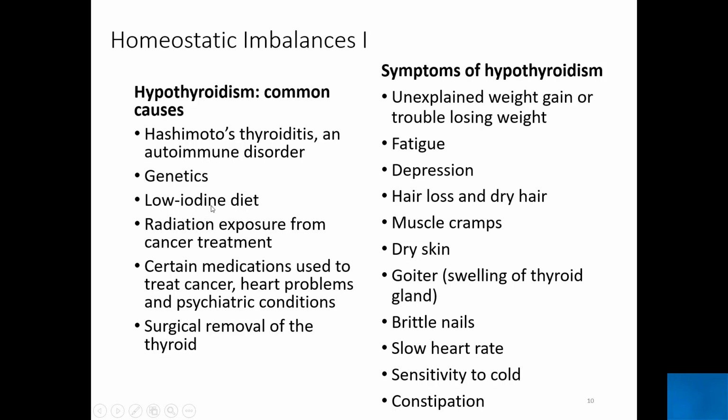It can be also caused by low iodine diet, when the gland cannot produce hormones, exposure to radiation for cancer treatment, and certain medications also used to treat cancer and some other health problems also can cause hypothyroidism, and surgical removal of the thyroid gland can be the cause.